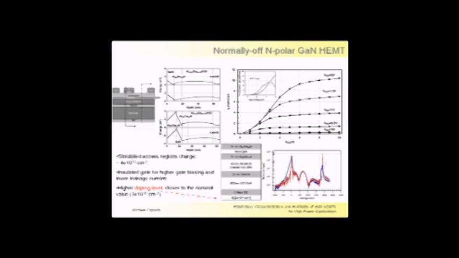And this is the experimental IV we got. The threshold voltage, even if very small, is positive. So we're now trying to improve this structure to get a higher threshold voltage, and of course higher current and a better device.